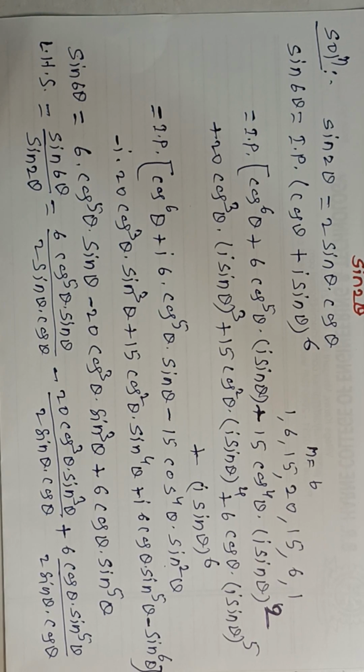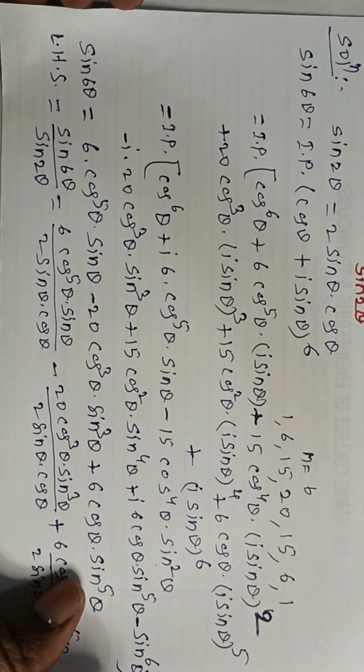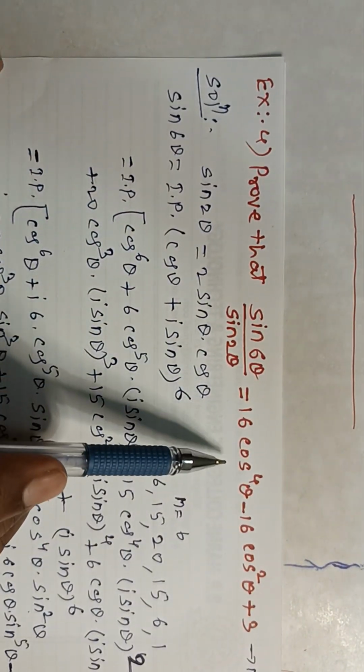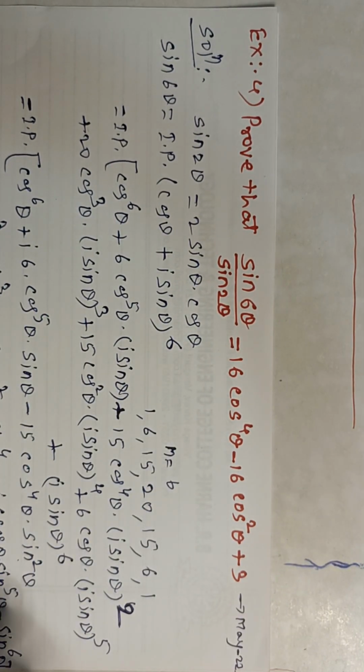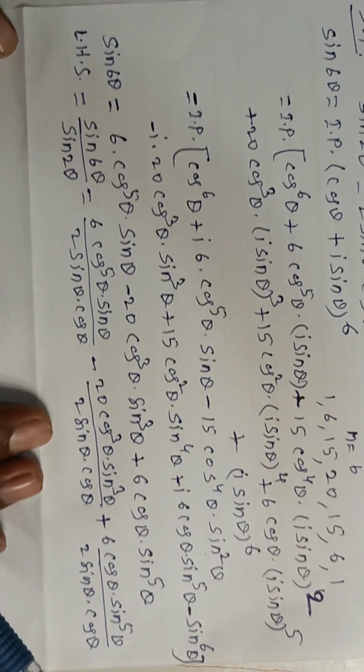Okay, now simplify this. We want the right hand side, 16 times fourth power of cos theta minus 16 times cos square theta plus 3. So expansion and simplification is required.